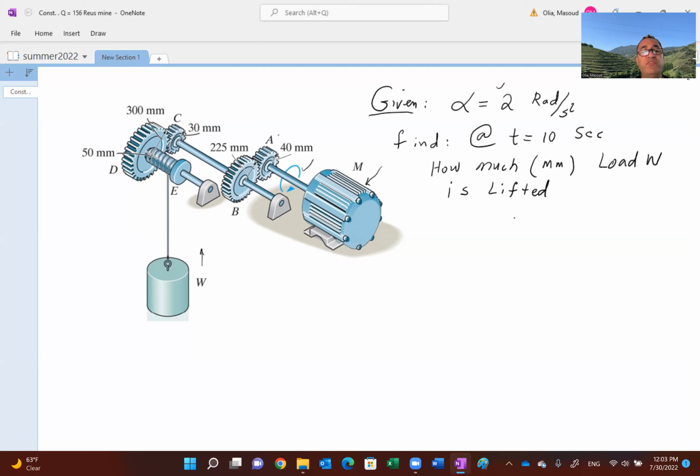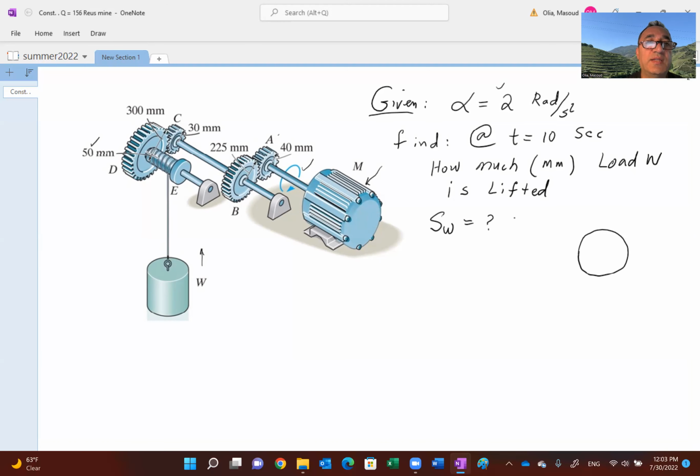So let me first tell you what we need to figure out: S of W, the vertical motion of this load. You see how this cable is going around this spool, E, whose radius is 50 millimeters.